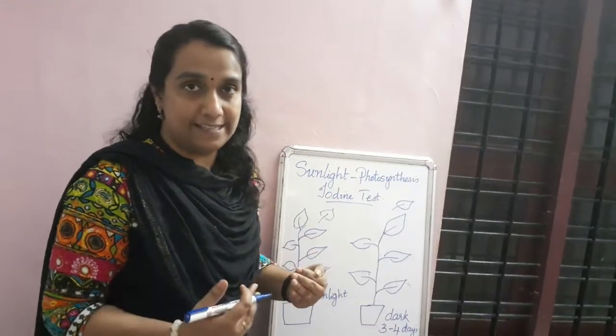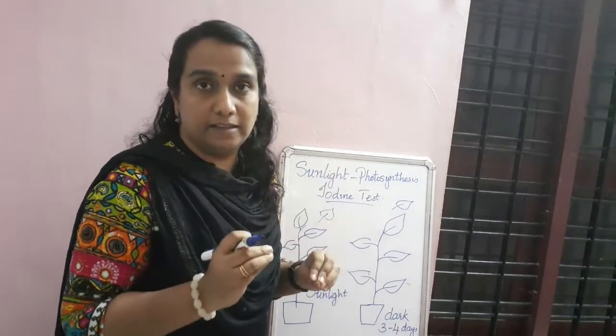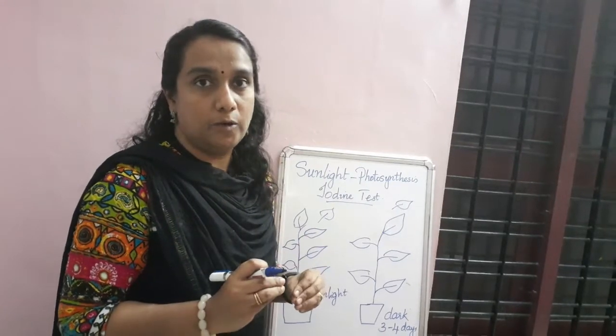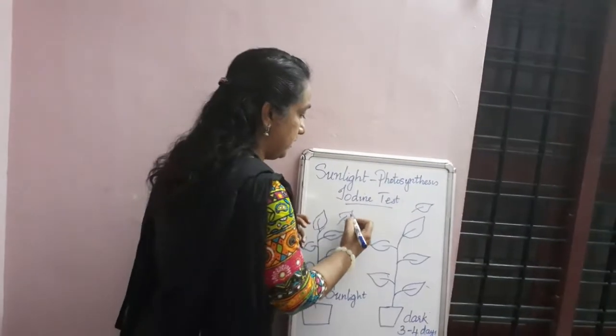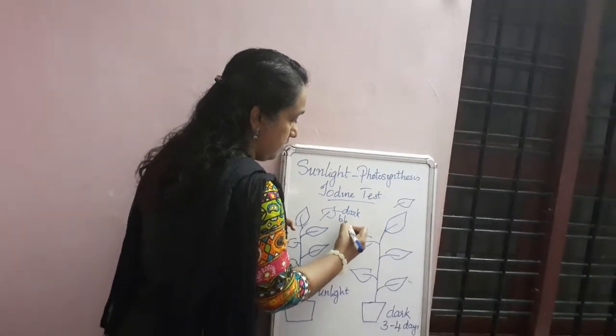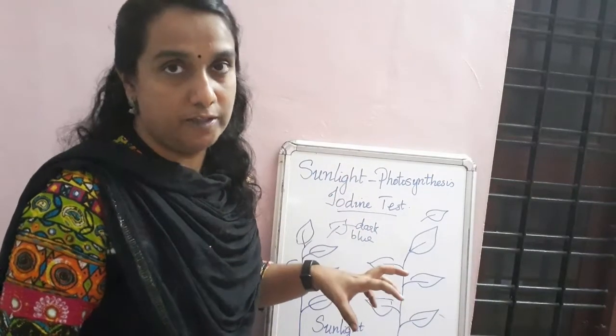After the iodine test, if blue color is there, we can tell that the plant contains food. If dark blue color is there, the plant produced food.